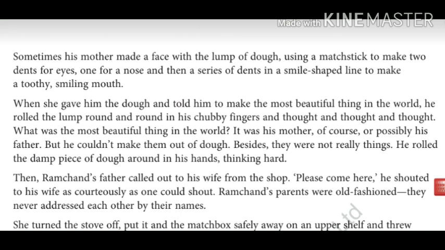In the meanwhile, Ramchand's father was calling his wife, Ramchand's mother, to come to the shop because he needs her there for something. So he shouted to his wife. He did not call her name because they were old fashioned and they never call each other by their names.